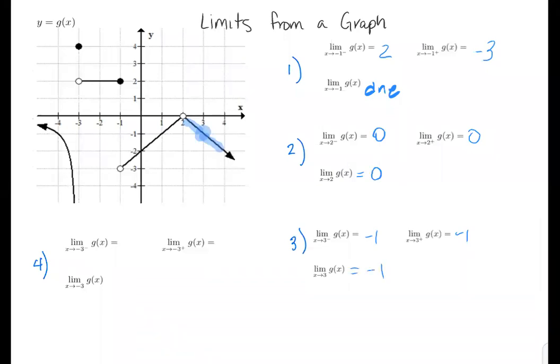Okay, so let's look at -3 now. So -3 is right here. The first thing we're going to do is get on the left-hand side of it and follow that line. And what that is approaching is -infinity.